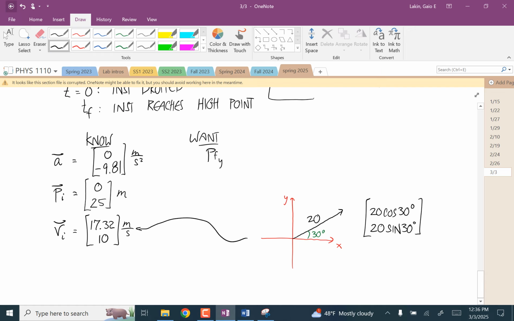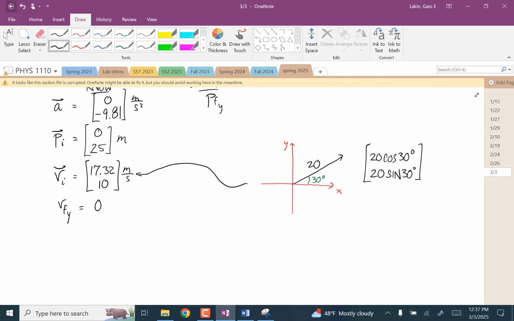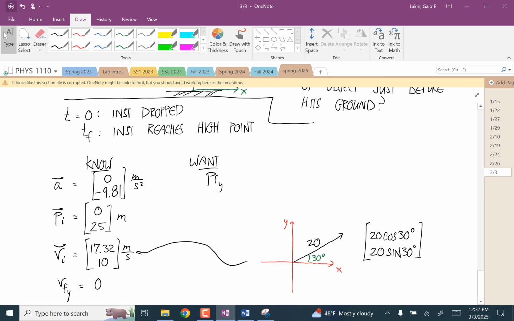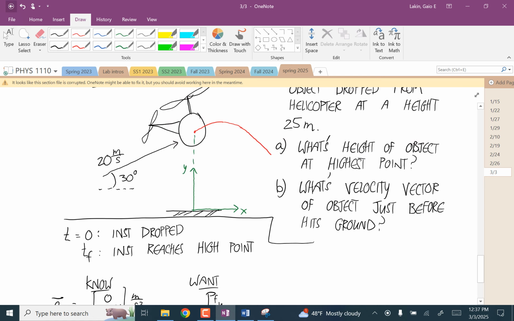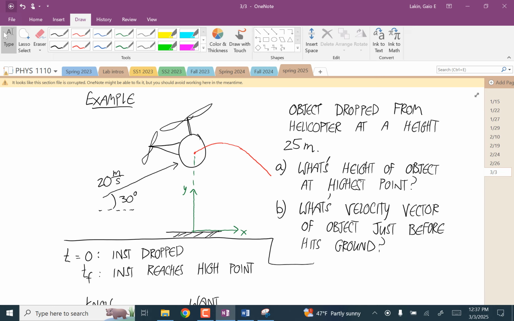And then the last thing, we've been waiting for this through the whole list, we know that VFY is equal to 0. Sorry, I misspoke earlier when I said PF.